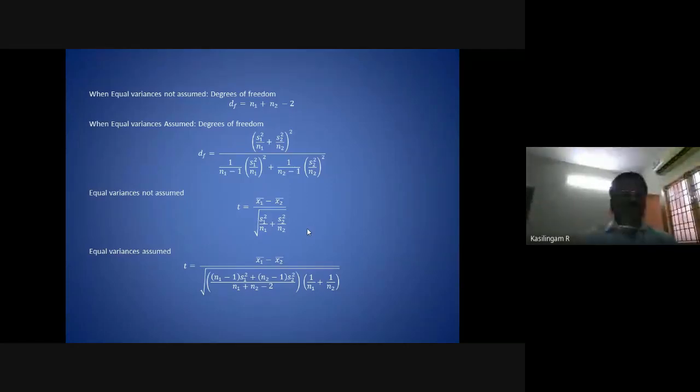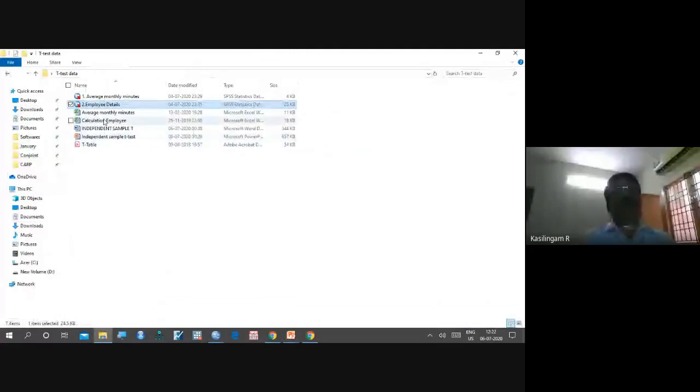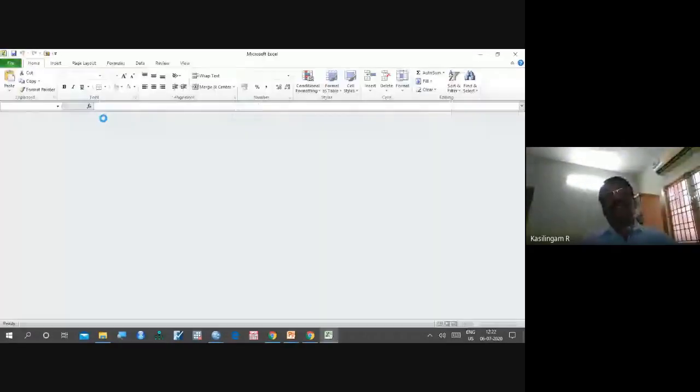Apart from the formulas, I have also given a calculation for the employee data set, where I have performed an independent sample t-test in Excel. I have calculated all the values: mean, standard deviation, standard error, lower and upper values. The formulas are there.